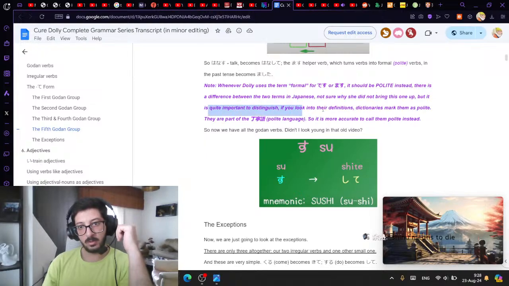If you look into their definitions, dictionaries mark them as polite. They are part of the polite language. So it is more accurate to call them polite instead. So now we have all the Godan verbs.